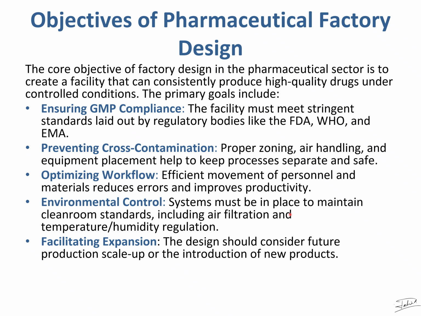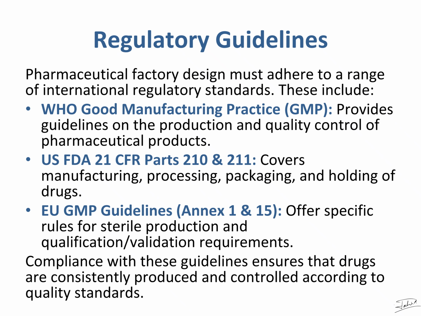Then facilitating expansion. The design should consider future production scale up or introduction of new products. Okay. So you have to design your factory layout in such a way that if you introduce a new pharmaceutical product, then it is compatible with the layout design.